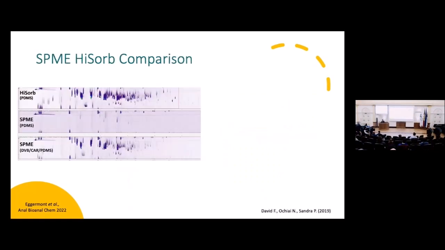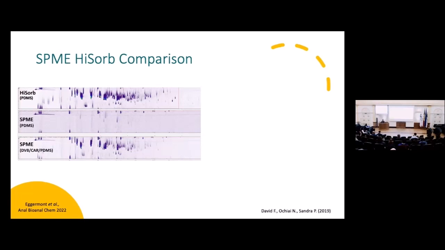The first thing that we did was to compare the SPME and the iSorb. I need to specify that iSorb has been used in this case with PDMS coating. If we only compare PDMS sorbents, the SPME PDMS extracts almost nothing except alkanes.